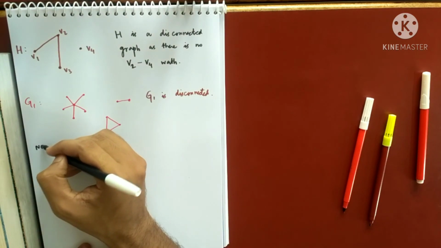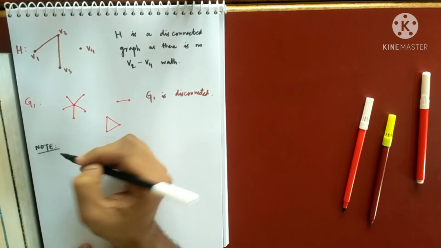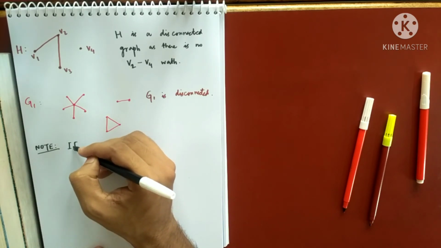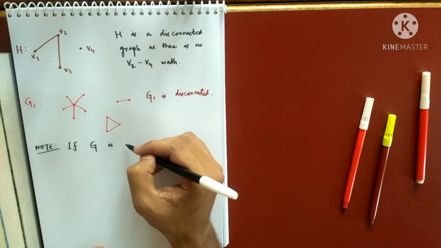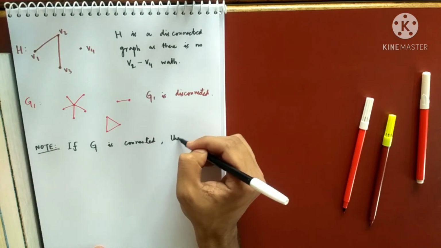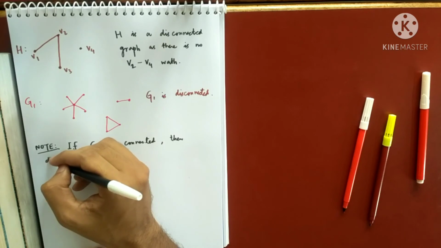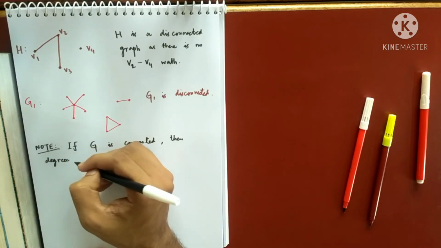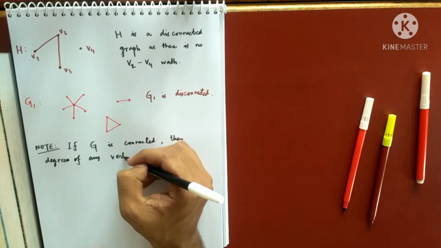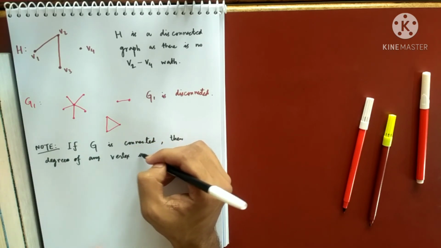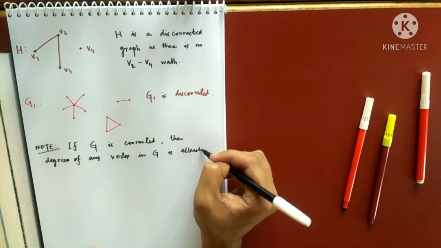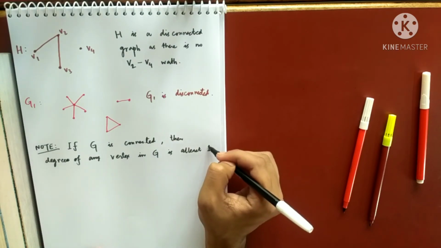First of all, note if G is connected, then the degree of any vertex in G is at least 1, right?